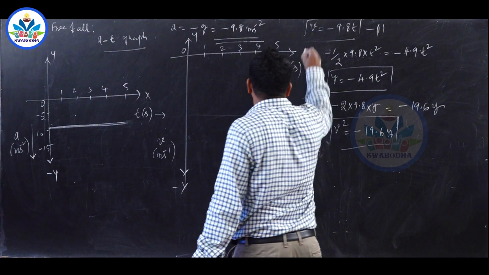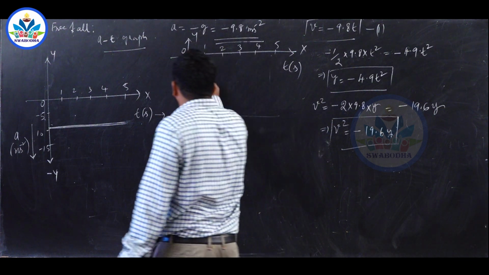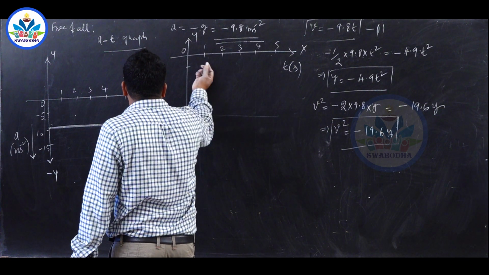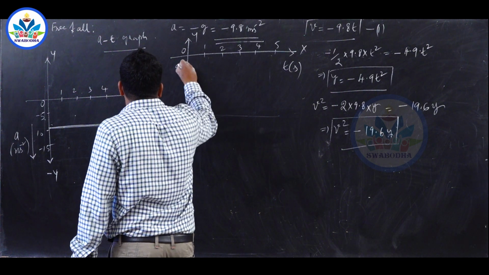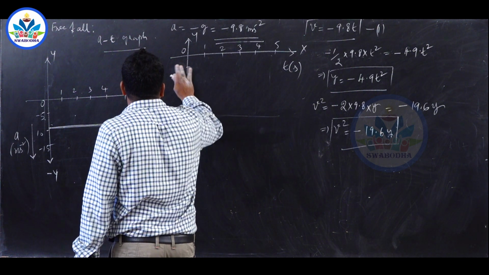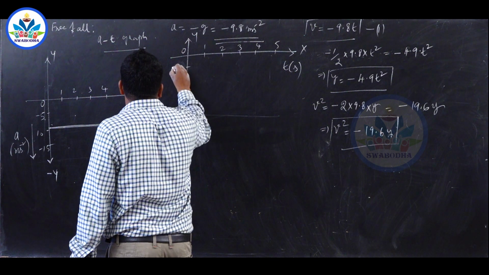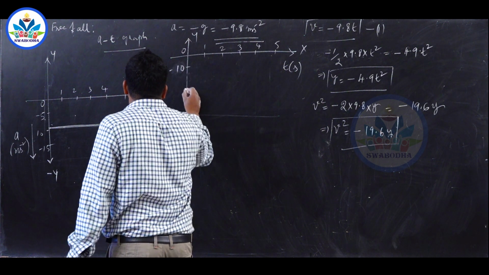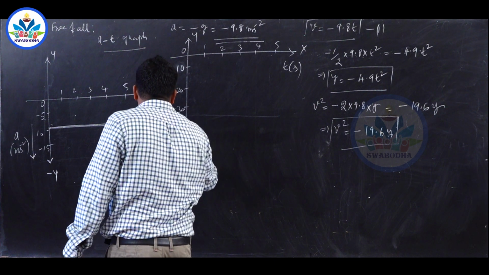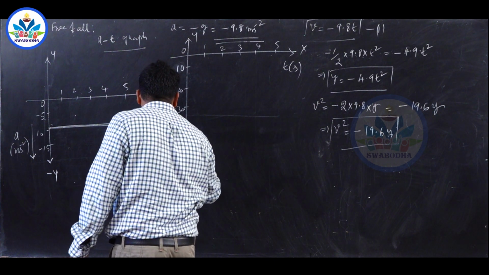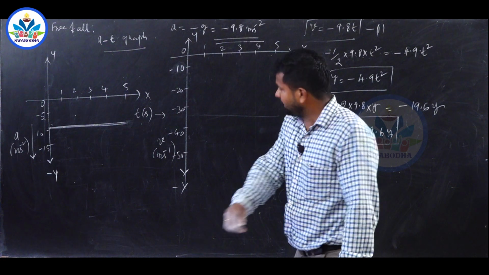I'll write like this: 9.8, or not necessarily, minus 10, minus 20 as equal calibrations, minus 30, minus 40, minus 50, and so on.